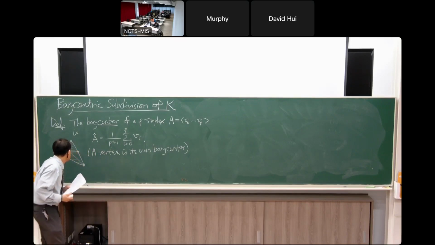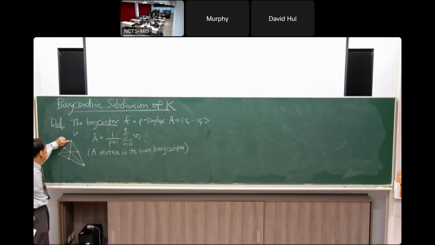And then the barycentric subdivision of a simplicial complex is obtained by subdividing each simplex using all of its barycenters.